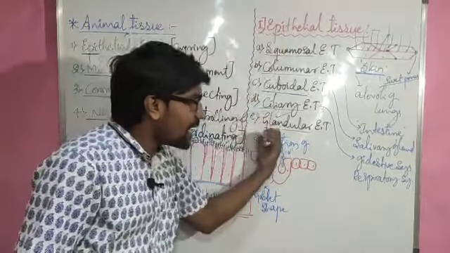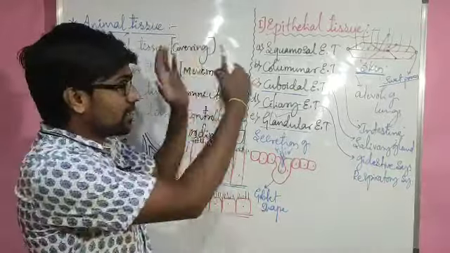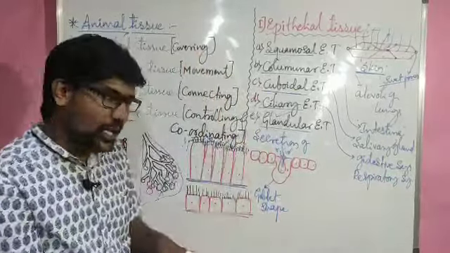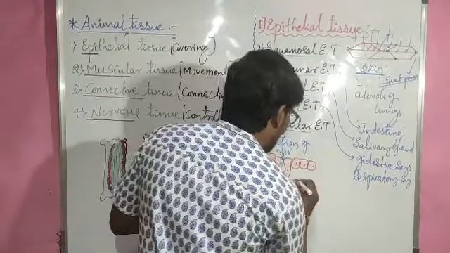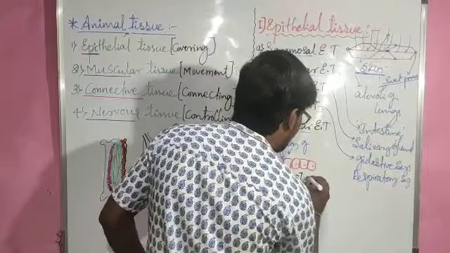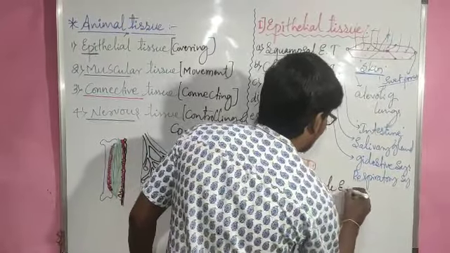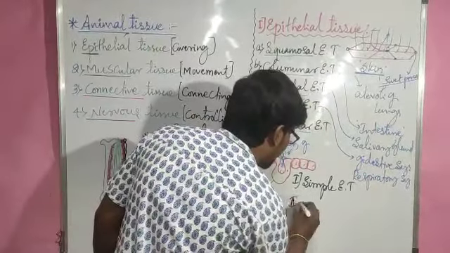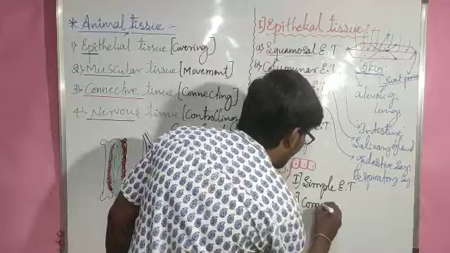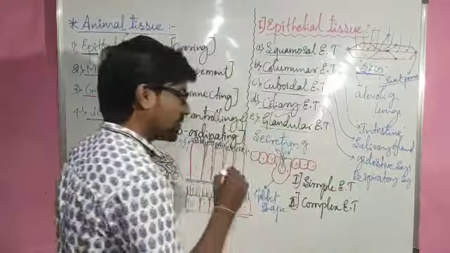So in this way we can have different kinds of tissues here, and in the same way we can classify the total epithelial tissue into two major categories. The first one is simple epithelial tissue, and the second one is complex epithelial tissue.